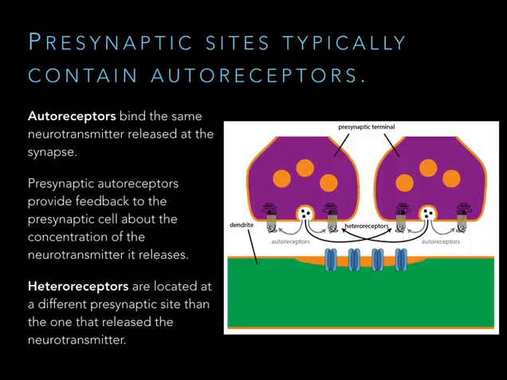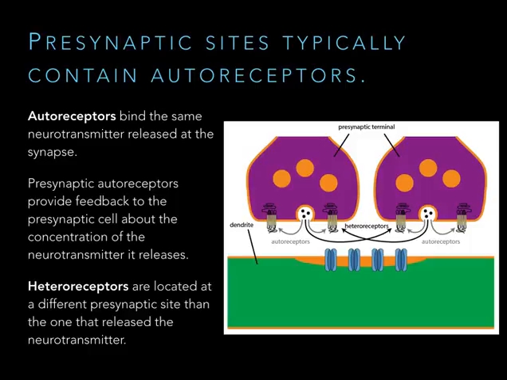So in this case, we're looking at two presynaptic terminals, and they're both releasing neurotransmitter. If that neurotransmitter binds to a receptor on the same presynaptic site, that's called an autoreceptor. If it diffuses over and binds to a presynaptic receptor on a different presynaptic site, then it's a heteroreceptor, which just means other. So both autoreceptors and heteroreceptors, they could be the same protein. It just depends on the source of the ligand.